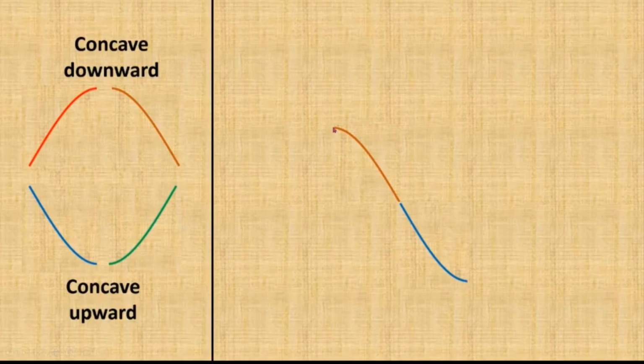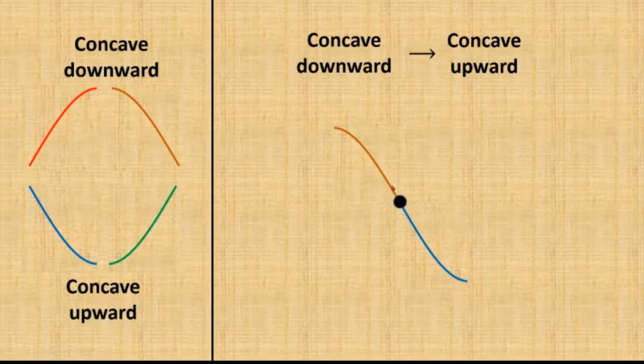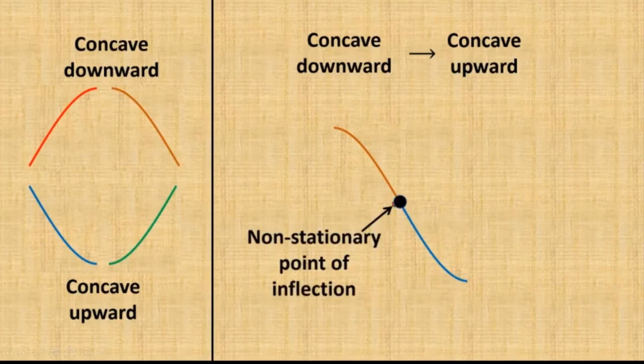So this is negative downward. This is negative upward. So downward changes to upward, and the connection is here. You don't have a kink here. So the point of connection is this one. This is not a stationary point, so that's why we call it a non-stationary point of inflection.